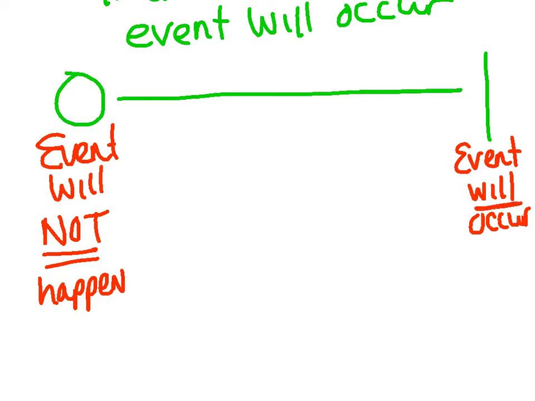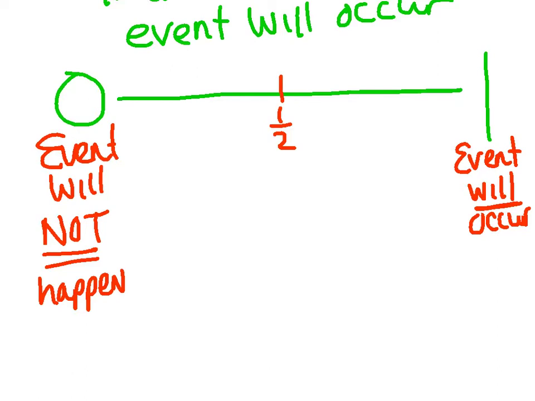Now, most probabilities fall someplace in between there. For example, smack in the middle would be our 1/2. And in this case, I'm implying that the event is equally likely to occur or not occur. Certainly you could have a 1/3, a 1/4, a 1/8, whatever, anything that falls between 0 and 1. But keep in mind, the most you can have is a probability of 1.